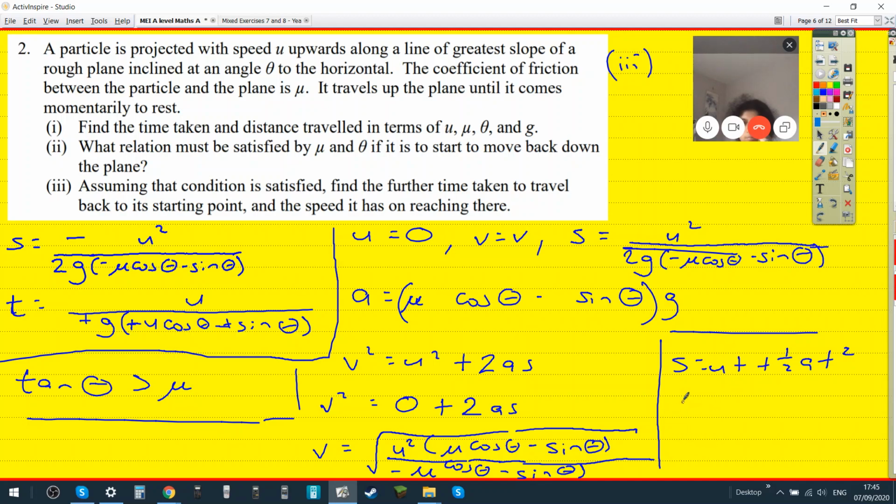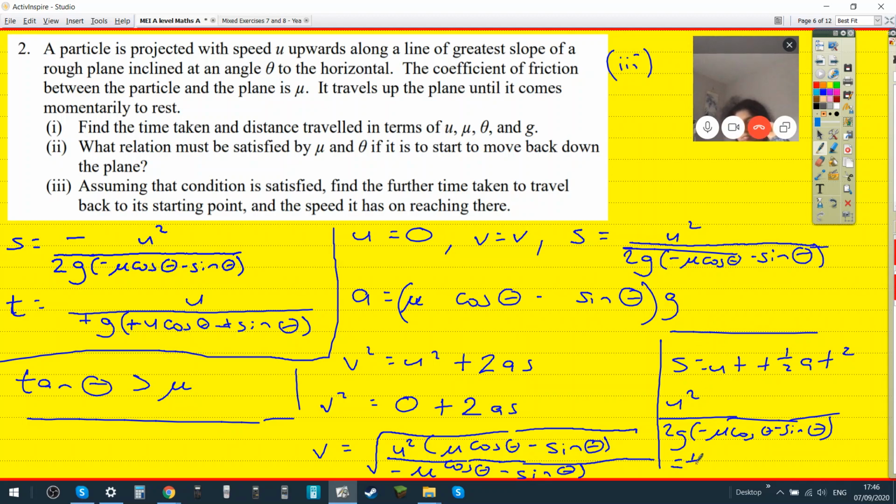So it's just u squared over 2g minus mu cos theta minus sine theta equals a half times a times t squared.